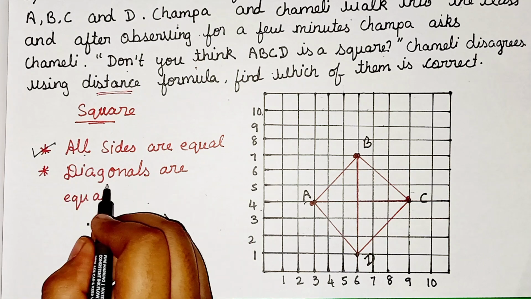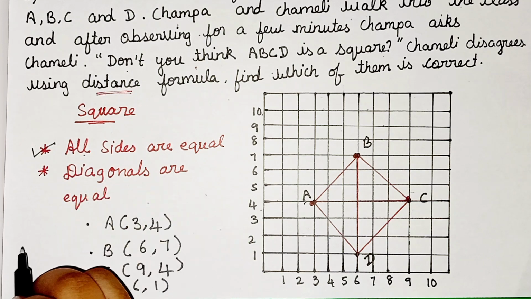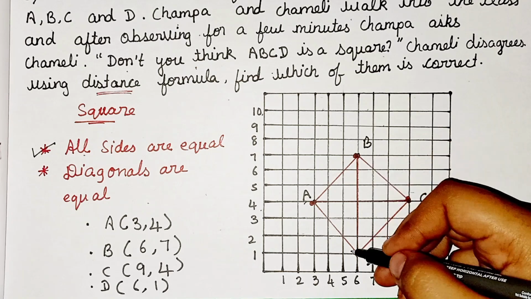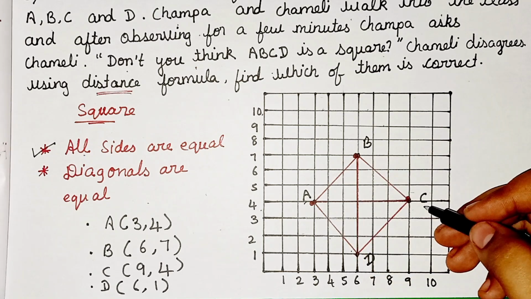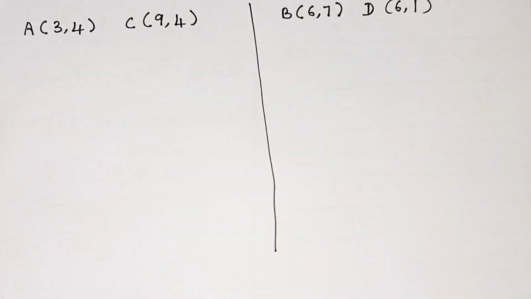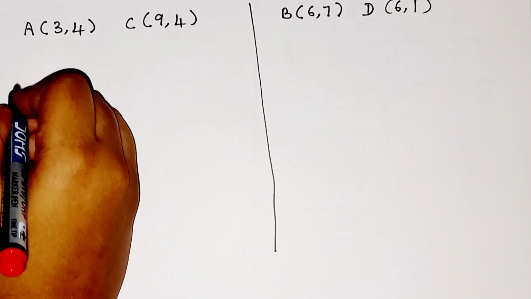Now we have to check whether the diagonals are equal or not. Since you know we have two diagonals, that is BD and AC, let us use the distance formula and find whether they are equal or not. Let us find the value for AC, that is the diagonal.